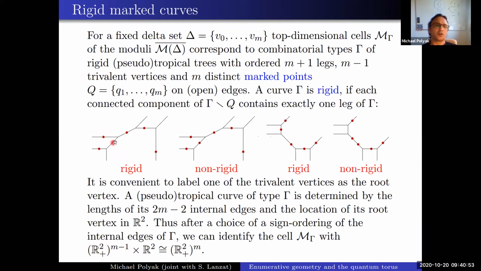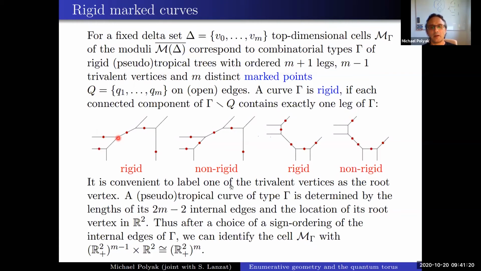In addition, you can change the lengths of all these internal edges. So legs have infinite length, but each one of these finite edges, these internal edges here, has a certain length, and you can vary this length.